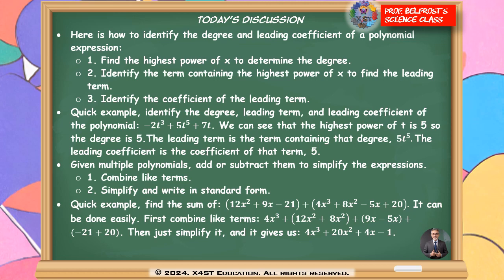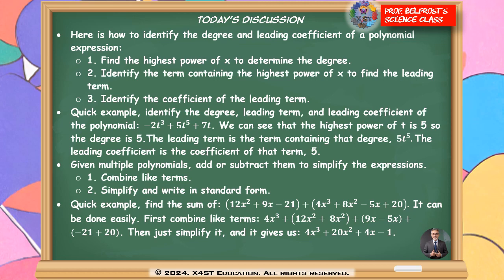Okay. Given multiple polynomials, we can add and subtract them by combining the like terms, simplifying, and writing it in standard form. Quick example, you are given this expression to be simplified. So actually you just need to group like terms, I mean which have the same degree. Because x cubed doesn't have a friend, it must be alone.